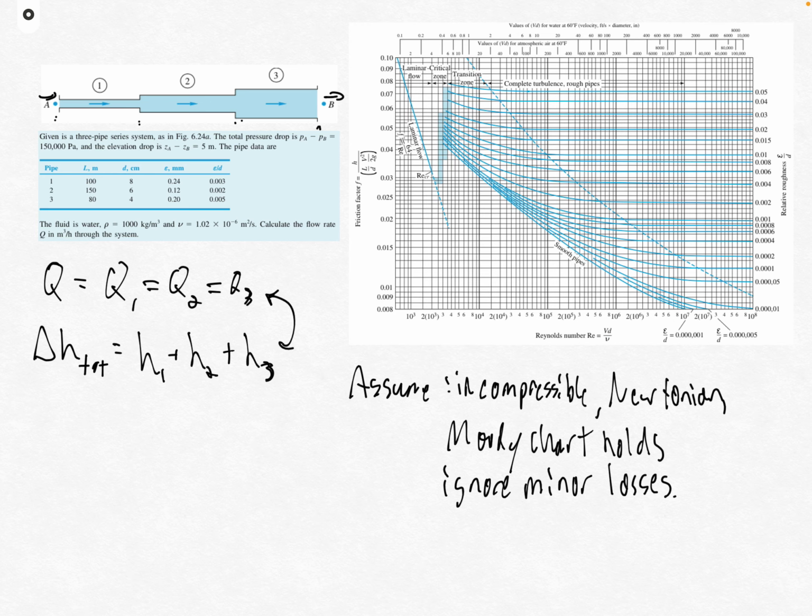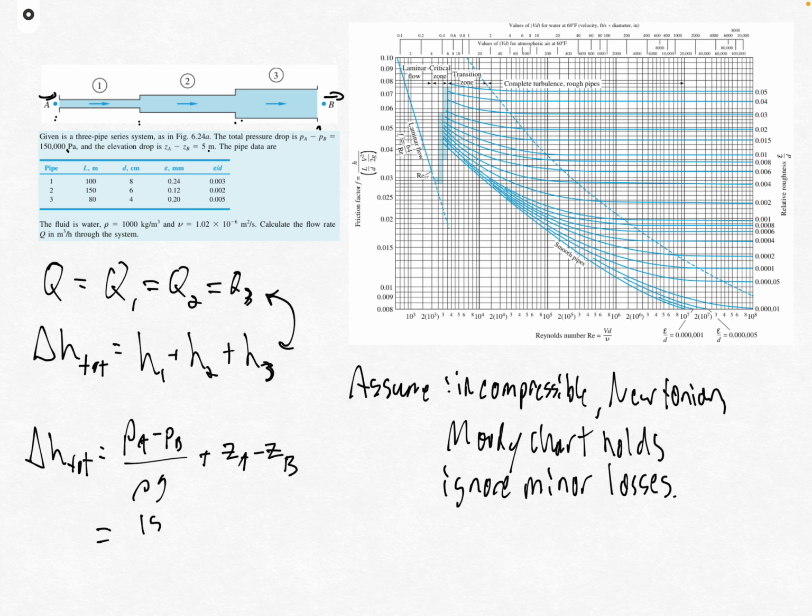Okay, so we're going to get started by computing this delta H total based on the data that we're given here. Delta H total is going to be equal to PA minus PB over rho g, plus ZA minus ZB.